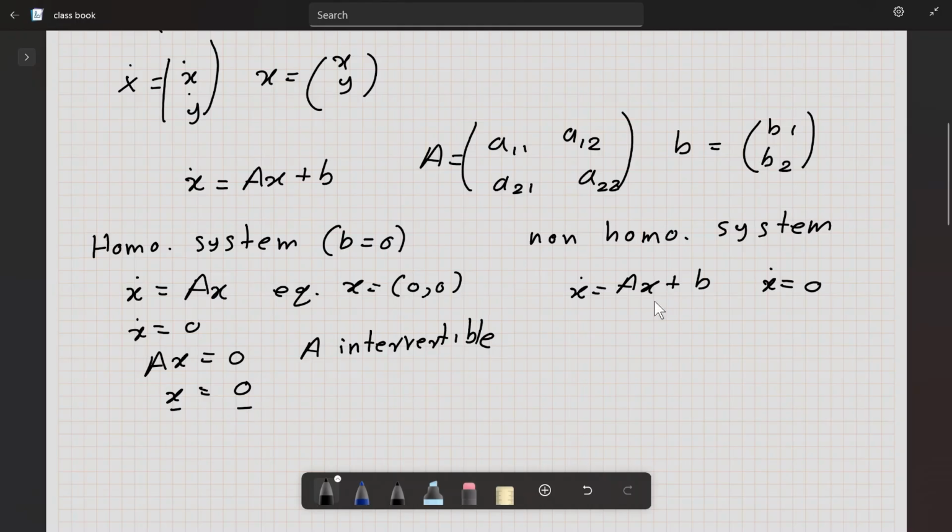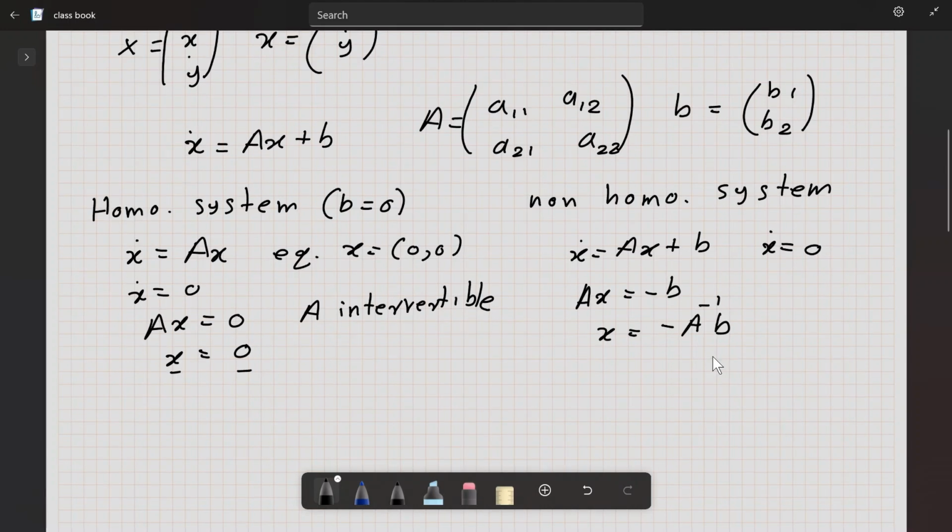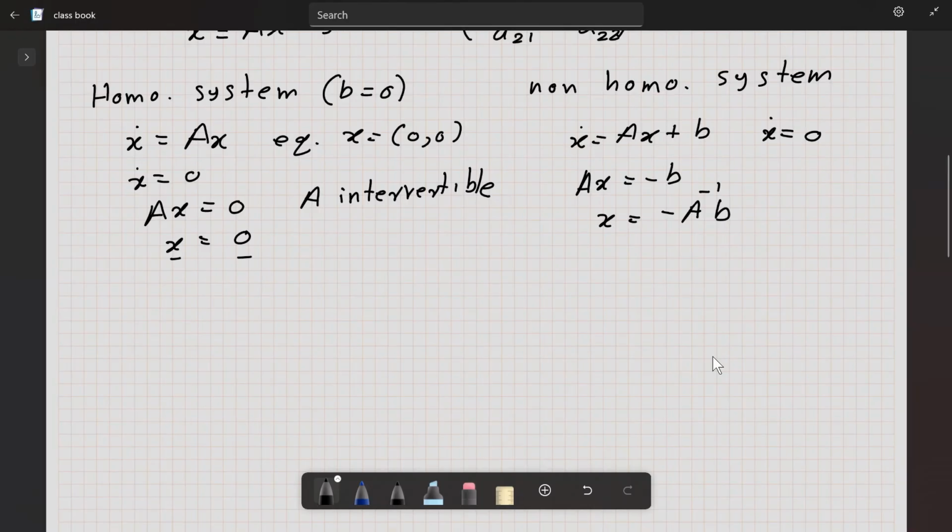In the non-homogeneous case, if A is invertible, then the solution will be x star equals minus A inverse b. If A is not invertible, then our system has either no solution or infinitely many solutions. So now we found our equilibrium point.